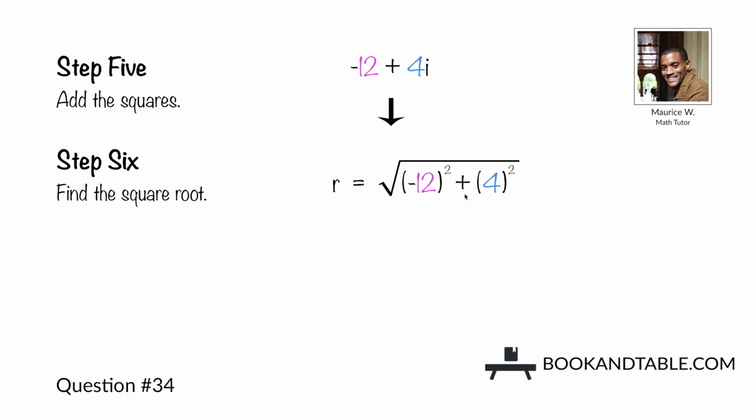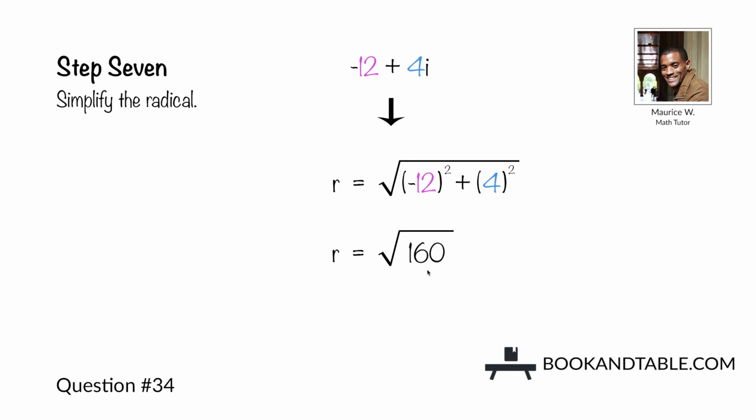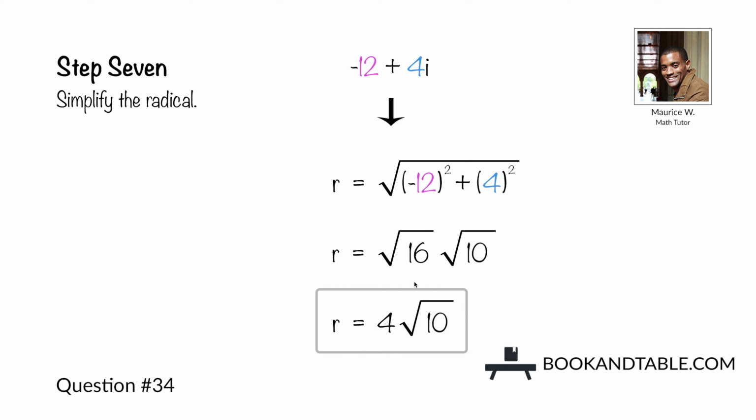And then once we do that, we want to add the squares together and then find the square root, giving us the modulus is equal to the square root of negative 12 squared, which is 144, plus 4 squared, which is 16. 144 plus 16 is equal to 160, and the square root of 160 can be simplified further by breaking this up into the square root of 16 times the square root of 10. The square root of 16 is equal to 4, giving us the modulus is equal to 4 radical 10.